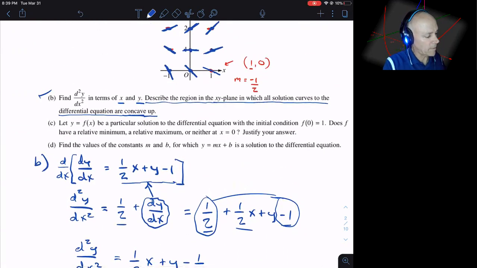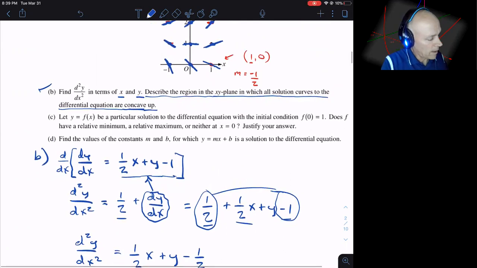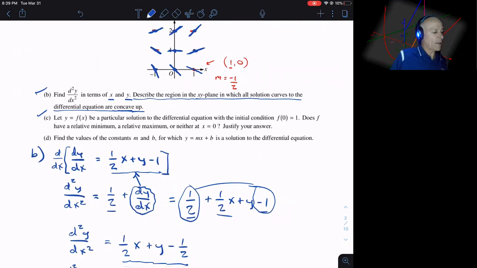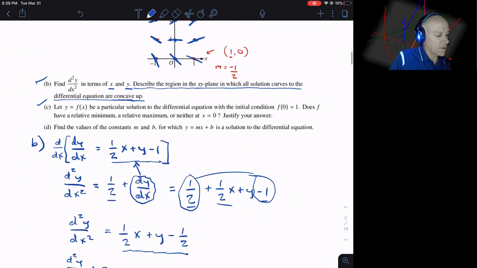Found the second derivative and also described the region where the solution curves are concave up. Part C says let y equal f of x be a particular solution of the differential equation with the initial condition f of 0 equals 1. Does f have a relative min, relative max, or neither at x equals 0, which is this initial condition I'm given, and then justify the answer?